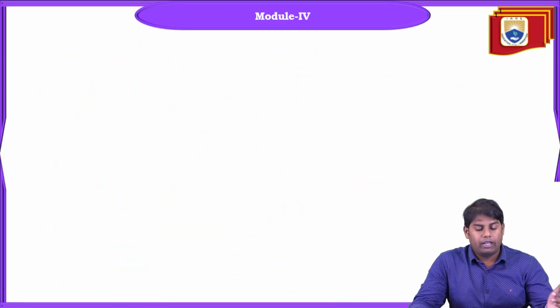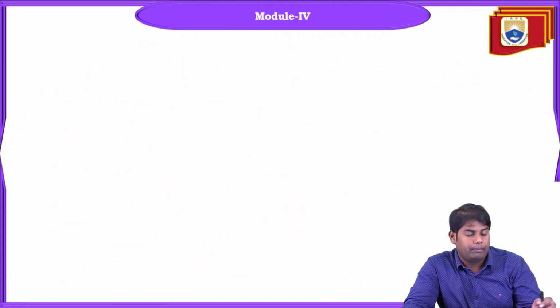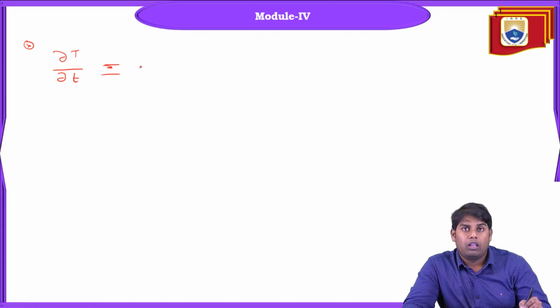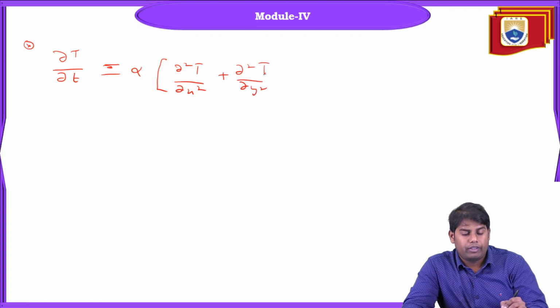Now let's see what ADI, the alternating direction implicit scheme, is. We'll do it for 2D. So let's take the 2D diffusion equation: ∂T/∂t = α (∂²T/∂x² + ∂²T/∂y²).